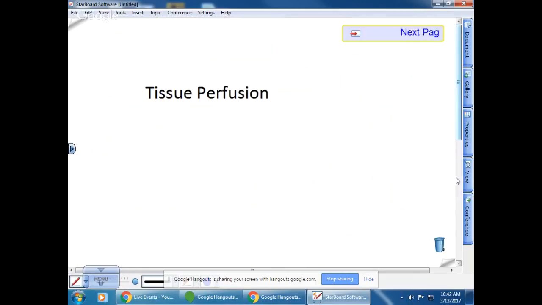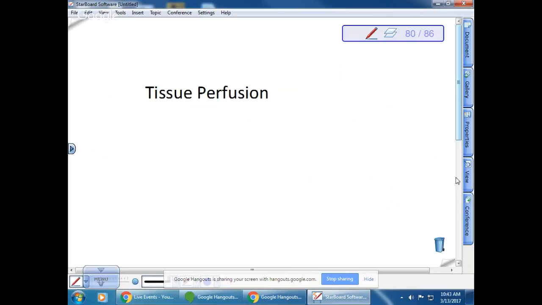Okay, so the last thing I want to talk about, just briefly, is what is called tissue perfusion. Okay, and this is the idea that we need to be able to get oxygen and nutrients to tissues when it is needed.